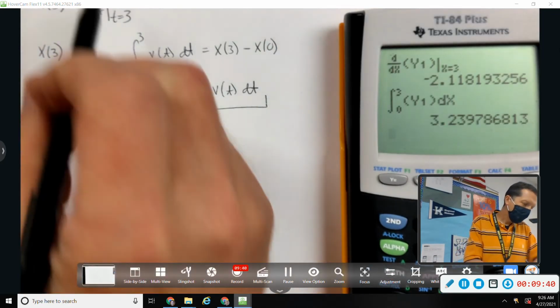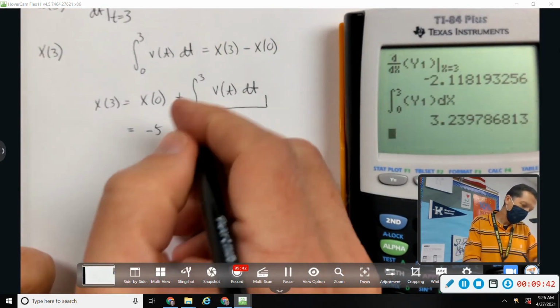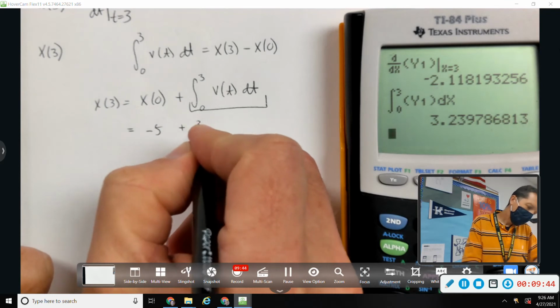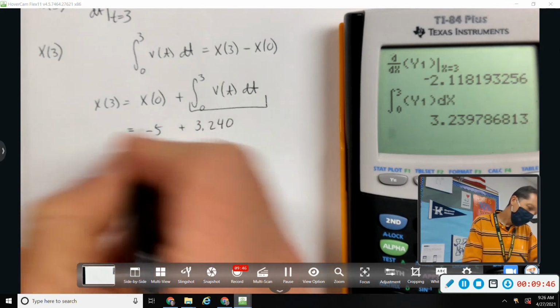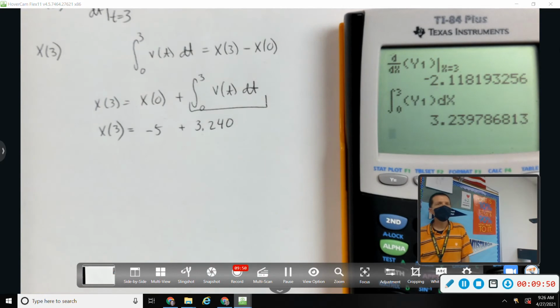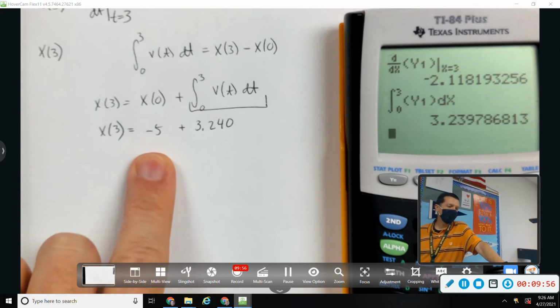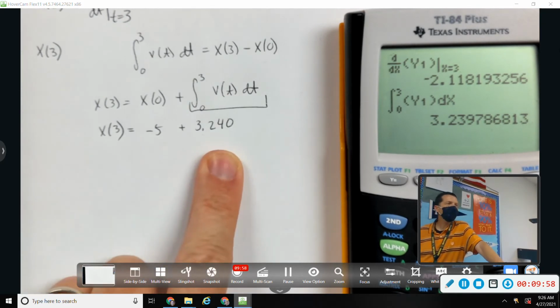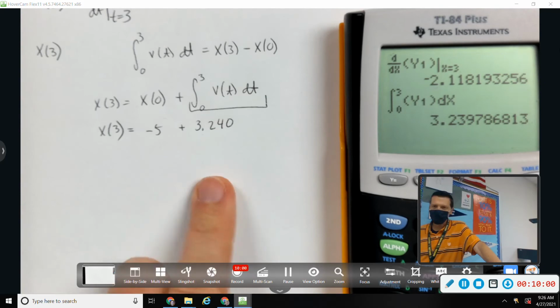In fact, you wouldn't be able to actually do that thing by hand. And I would safe stop that, leave it alone. In fact, safe stopping, in some ways it's helpful. This is showing that we started at negative 5 and we went 3.24 away from there, and we can leave that as our answer.